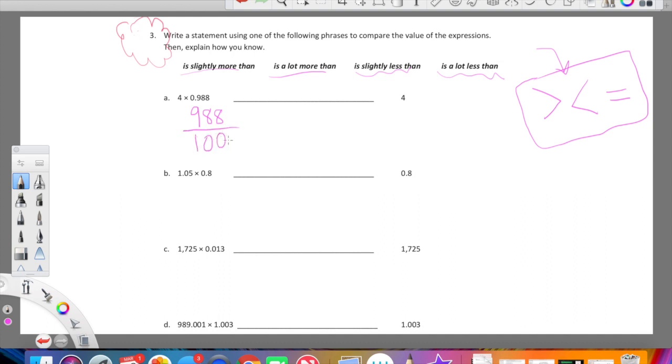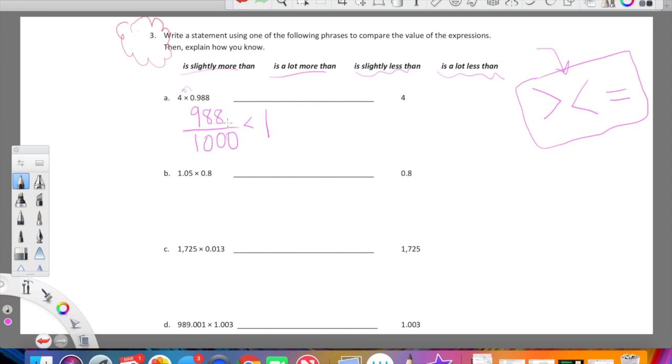988 thousandths. Beautiful. So 988 thousandths is less than 1, right? So this is less than 1, smaller than 1. If I were to multiply something that's smaller than 1 by 4, what's going to happen to 4? Well, it's so close to 1. It's 988 over 1,000.